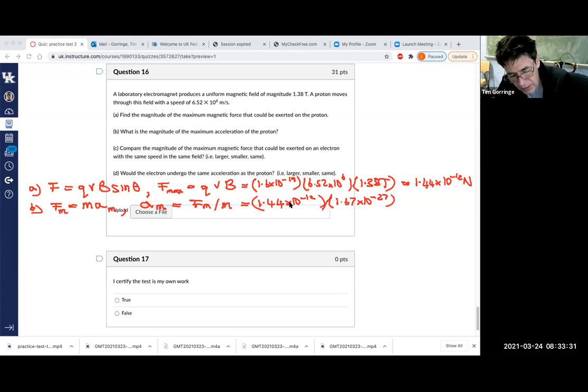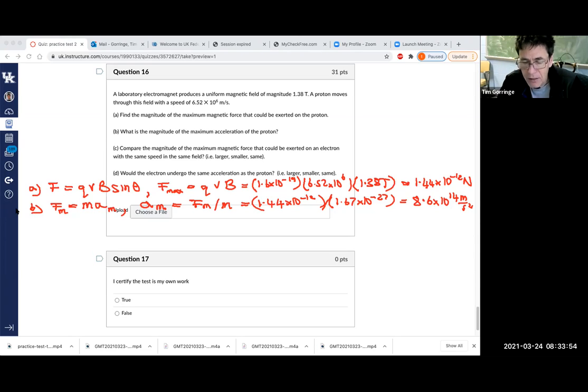So I'm dividing the force by the mass. And if I do that, I'm going to get, this time, an enormously large number. I'll look it up again: 8.6 times 10 to the 14 meters per second squared. So that's the proton's maximum acceleration.